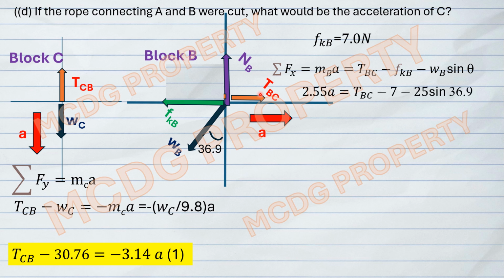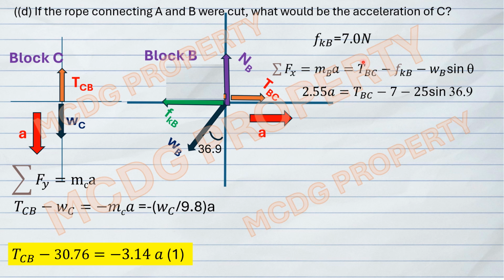So substituting the values or the given information that we have. 2.55 here is the mass of block B, which we got using the equation of weight is equal to mg. So we know the weight of block B, therefore we can calculate for the mass.